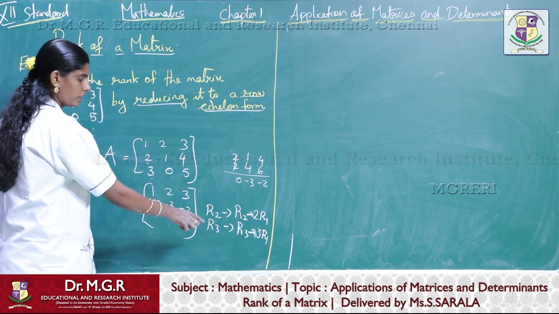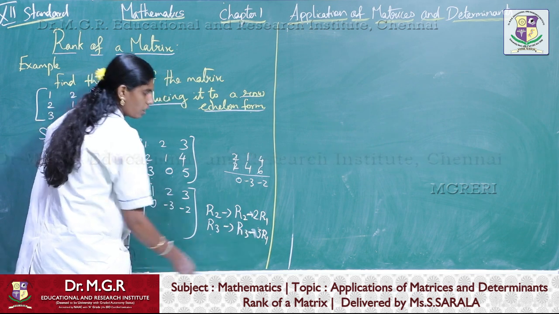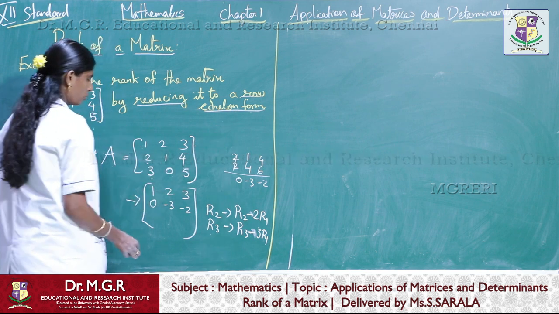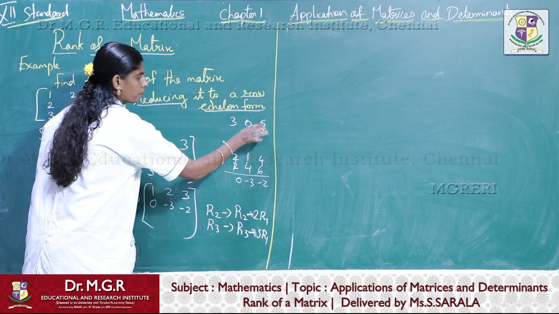And what is R3? R3 is R3 minus 3R1. The R3 values are 3, 0, 5.